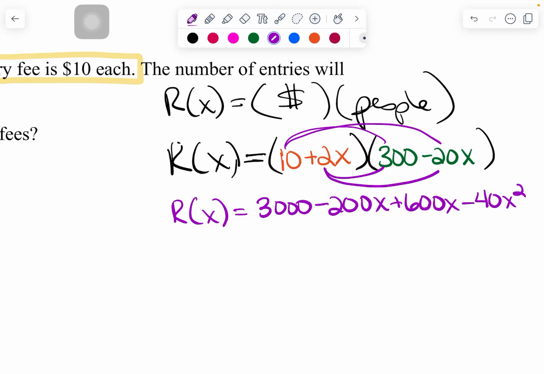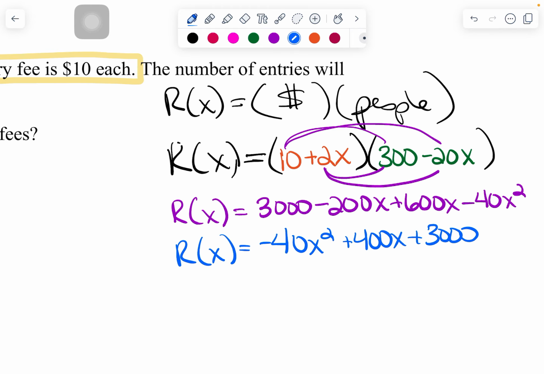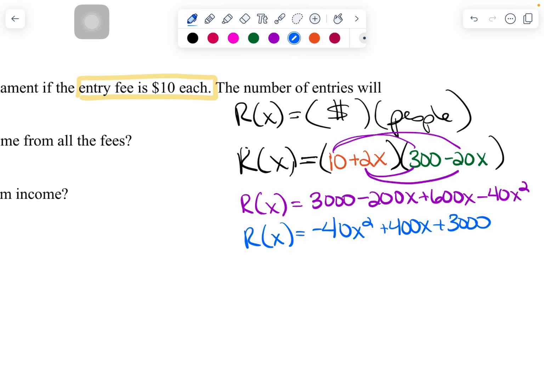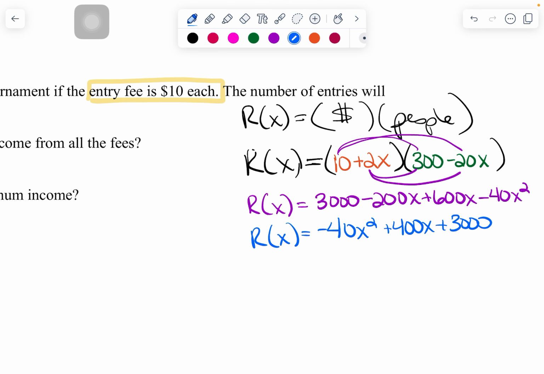All right, let me organize it into standard form. So R of x is equal to negative 40x squared plus 400x and then plus 3,000. Okay, so I've got my revenue equation here.